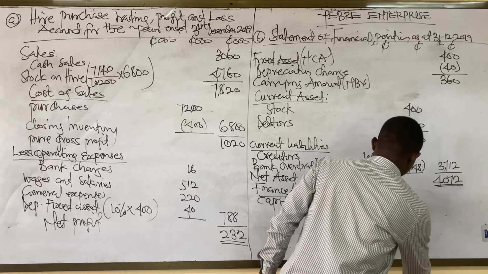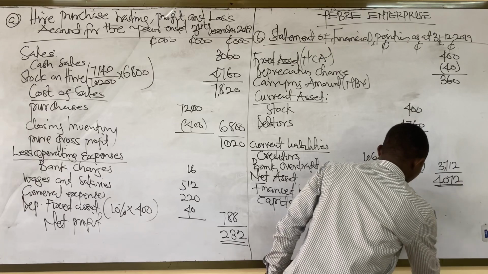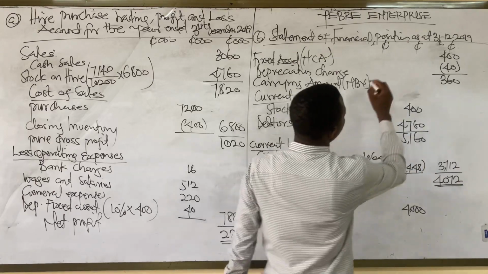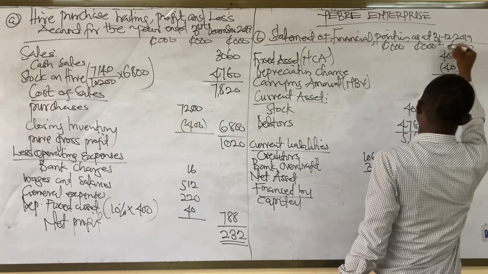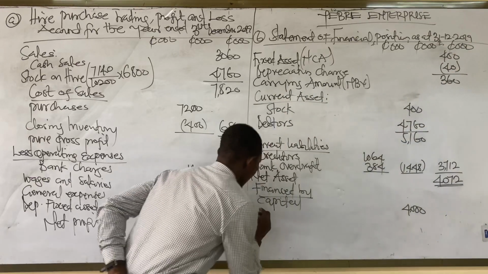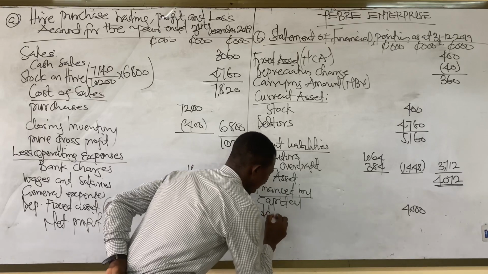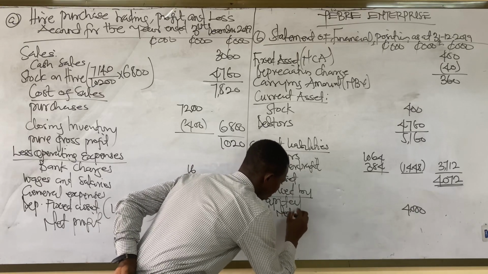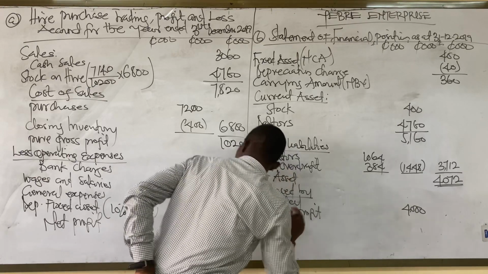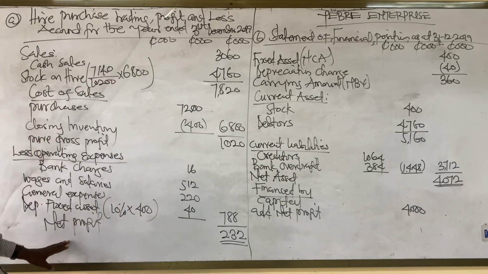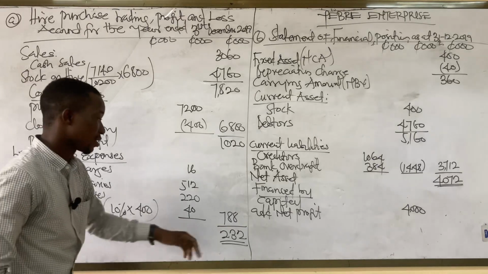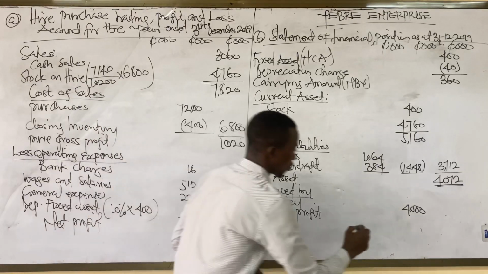Capital is 4,000 cedis. Remember, three zeros. Then we add our net profit, that is the net profit that we've ascertained from our trading profit and loss account, that is 232.